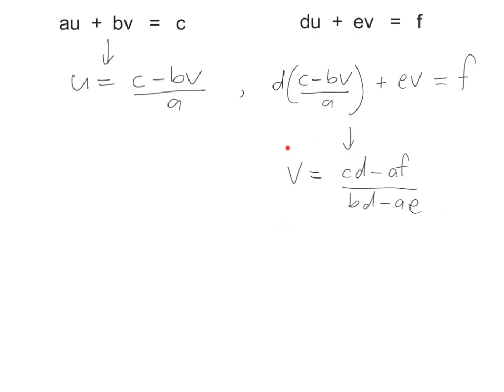Then what we're going to do is take this expression for v and plug it back into here to find out what u is. And if we start doing that, it's going to get a little bit messy, but we're going to find u is equal to c minus b times v, and for v, we're going to substitute in the mess that we found.